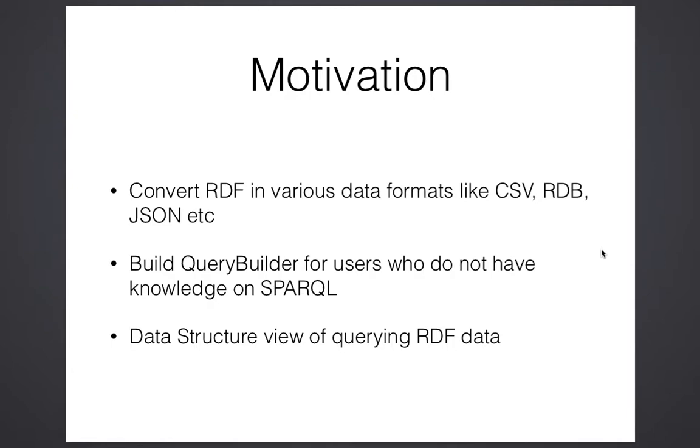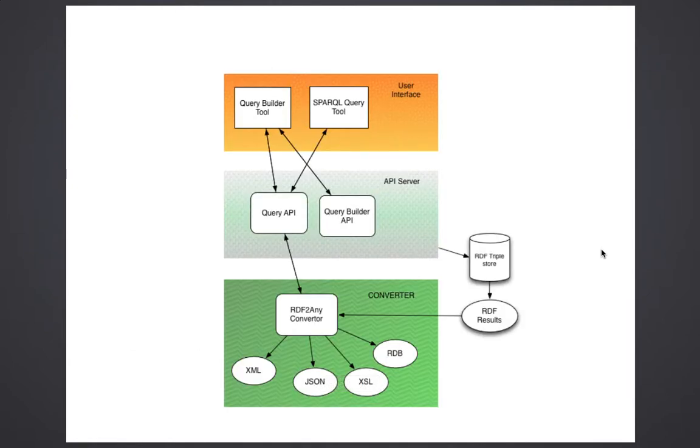And so what we have mainly built is a REST API server, which gives you all the functionalities and tools for you to explore various kinds of data. So this is our project structure. This here is the user interface, and that is basically the query we refer to as the query builder in our case.